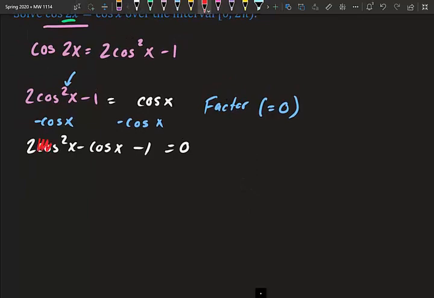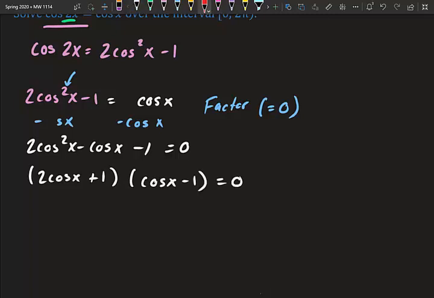Just pretend like that's not there. Pretend it's 2x squared minus x minus 1. So pretend you have this and factor it. But when you factor, just go ahead and plug in the cosines. So we can factor this down into 2 cosine x plus 1, and then cosine x minus 1 equals 0.